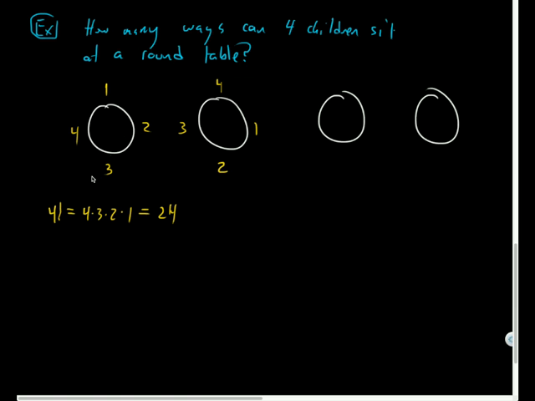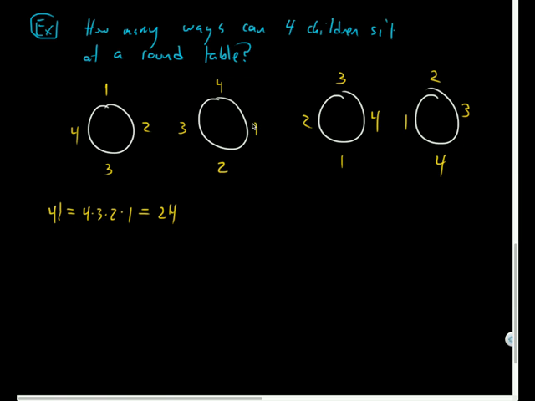All I've done is rotate the object, and I think you'd agree that this is the same, and this is the same as well. So I end up having too many repeated cases because of the circular nature of the problem.